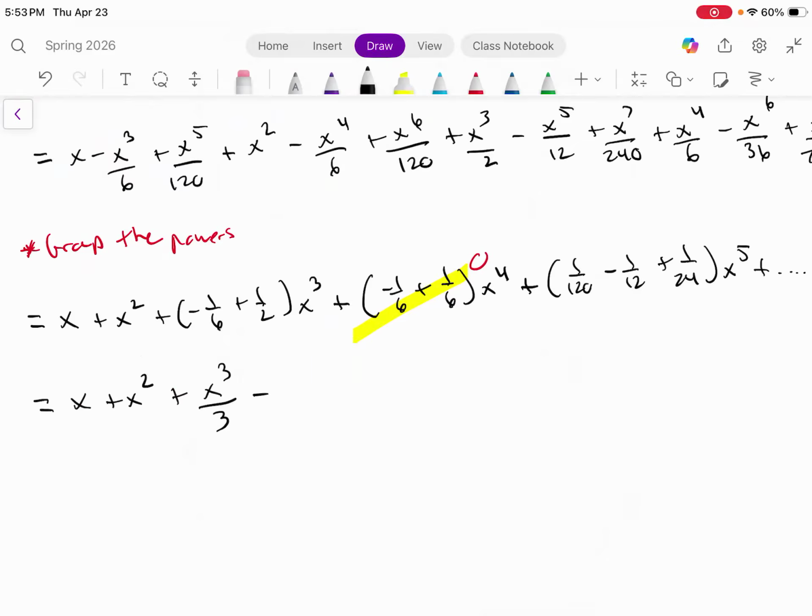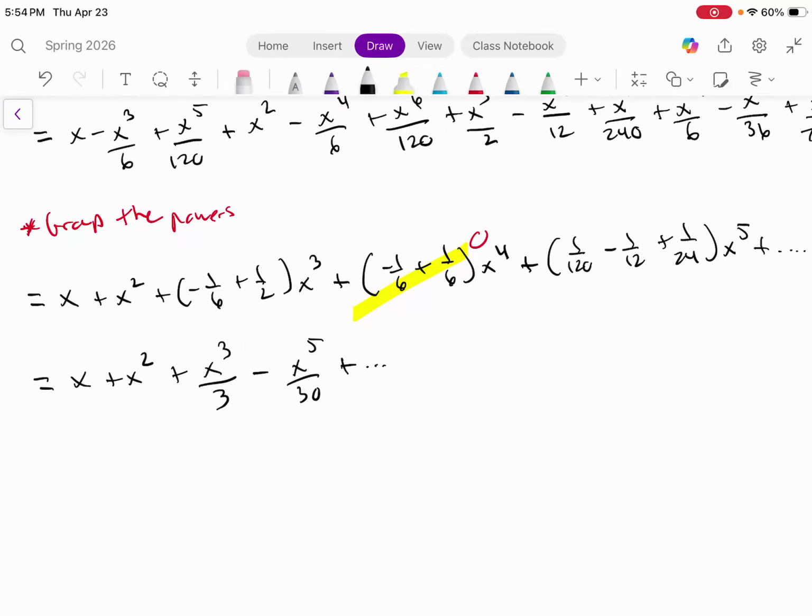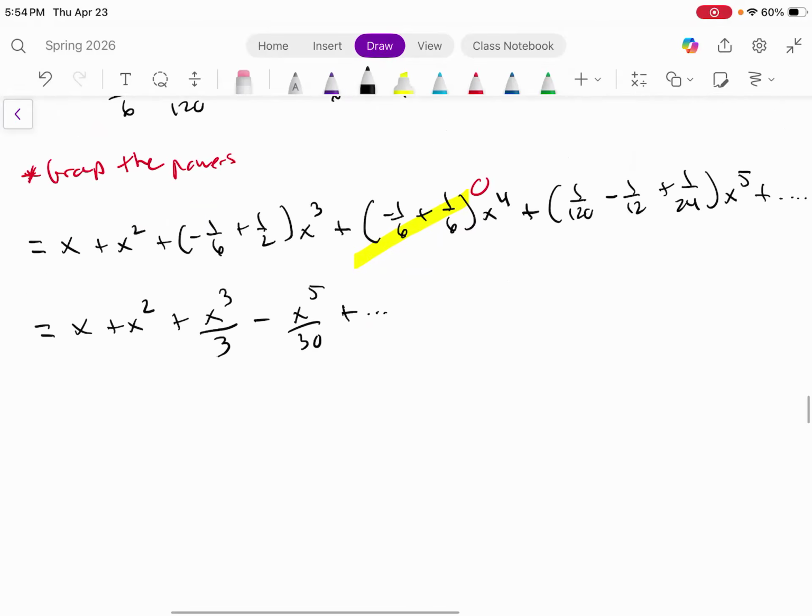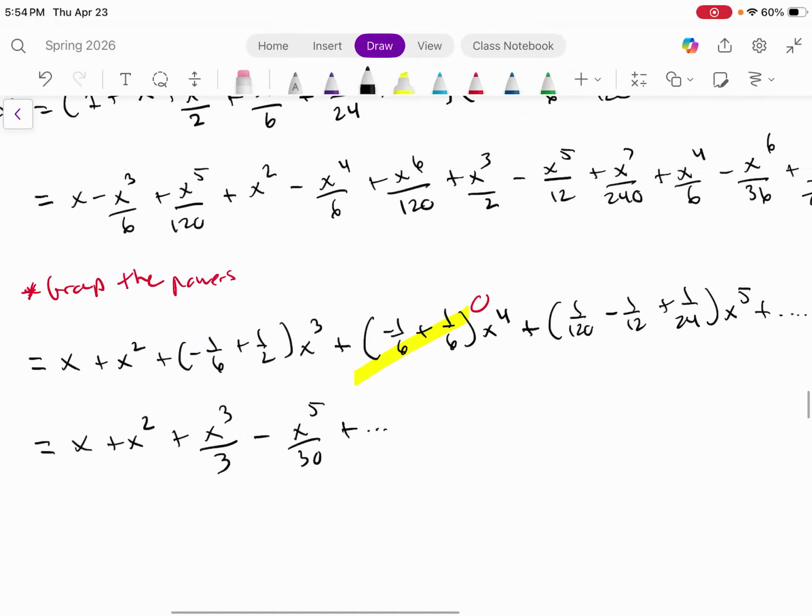And the x to the fifth constants go to 1 over 30, so this is x to the fifth over 30. That is essentially our power series representation. We can keep going forever, but I think these four terms are good enough.